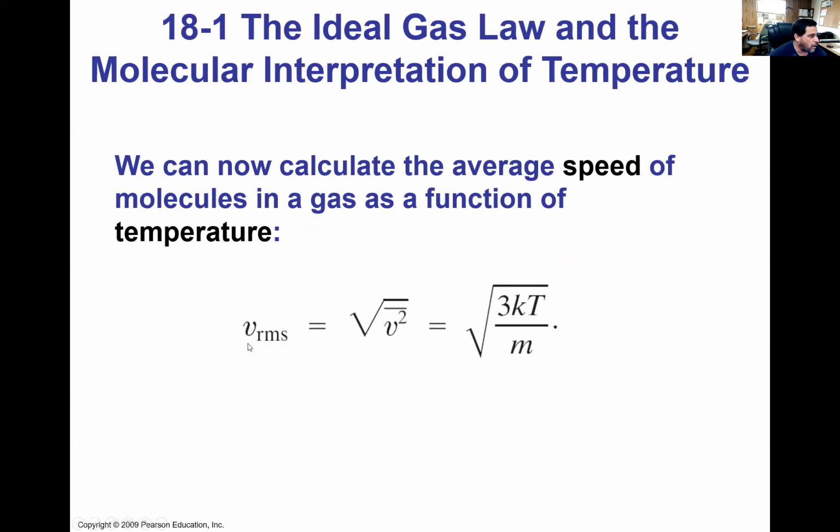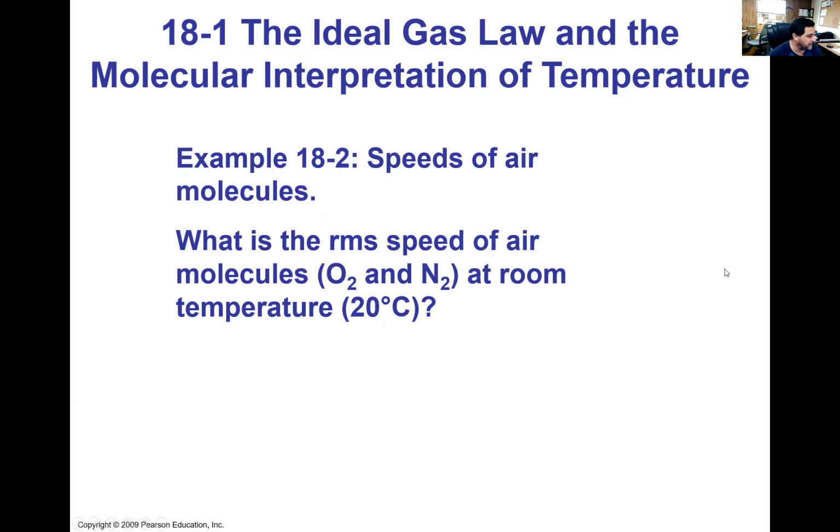And v_rms could also be the square root of 3kT over m, over the mass, okay? So to get root mean square, you take the square root of the mean, the average, of the squares. Or if you knew the temperature and the mass, all you'd need is Boltzmann's constant and be able to derive it that way. So there's more than one way to do this.